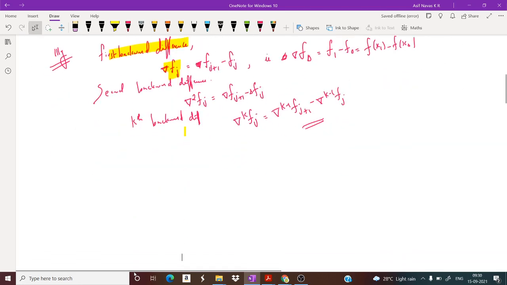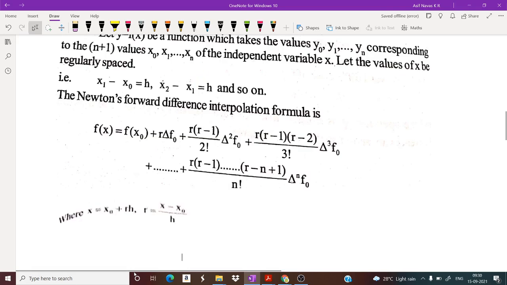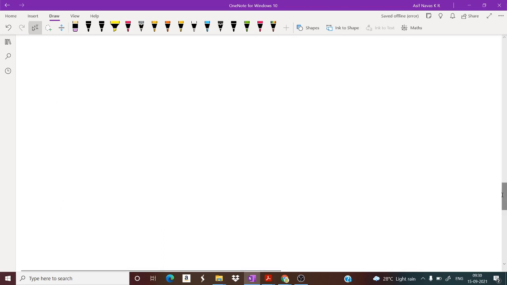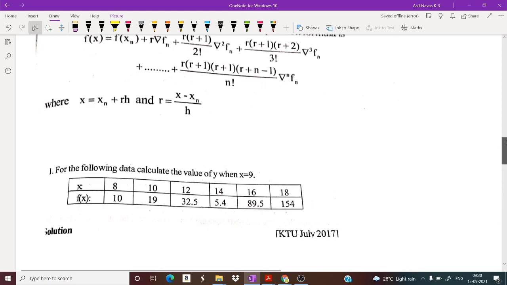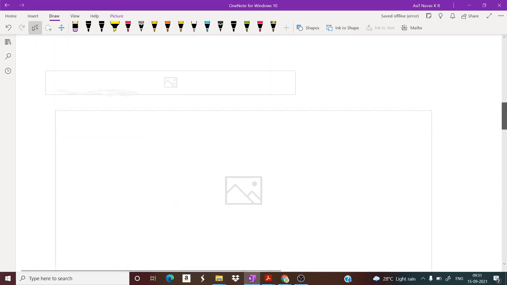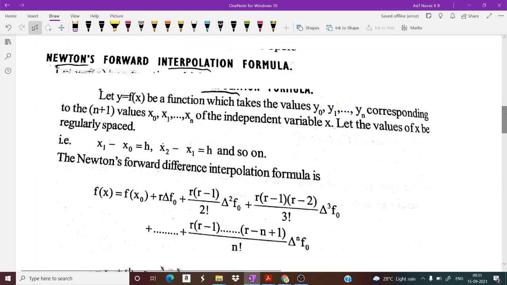Now we will move to Newton's formula. Newton's forward difference interpolation formula. So Newton's forward interpolation formula.